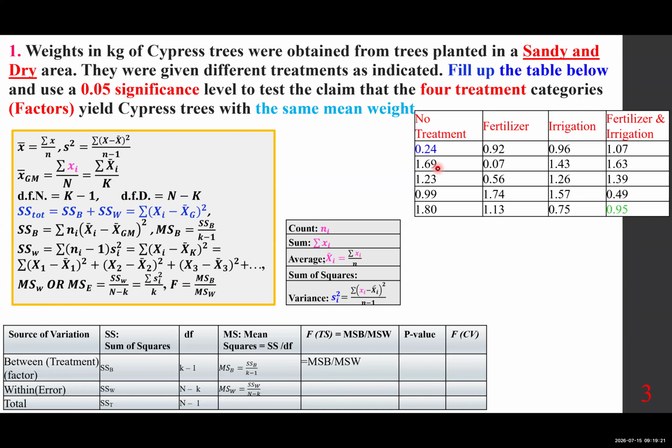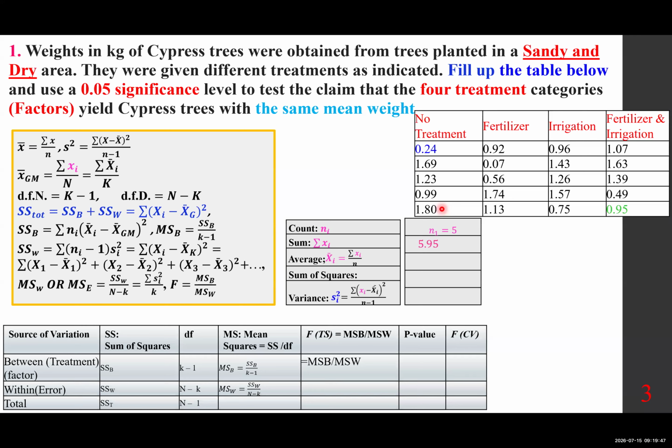So basically add them up and divide by that. And then df numerator is k minus 1, df denominator is n minus k, and so on and so forth. These are some formulas and we're going to go through them. But again, this is really not done by hand. You don't have to do it by hand, but you need to understand the concept. So over here, n1 is 5.